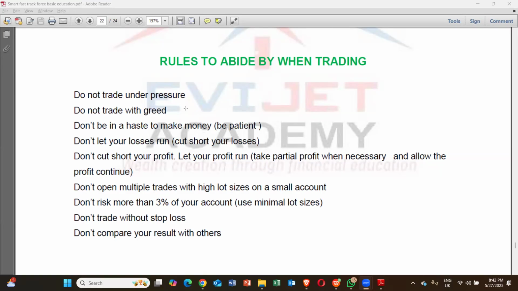Greed is very serious. Now you have a $100 account and you have made $10 for one day. That is 10%. You're still not satisfied. You still want to go and take more trades. Now, at the end of the day, you will lose that initial $10 profit you had gotten earlier and still lose part of your equity.